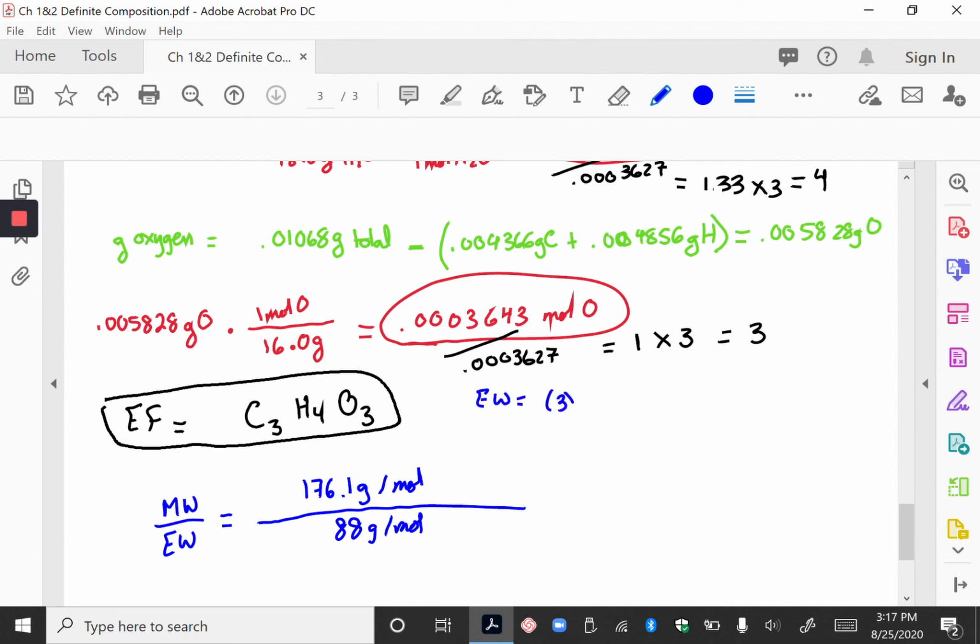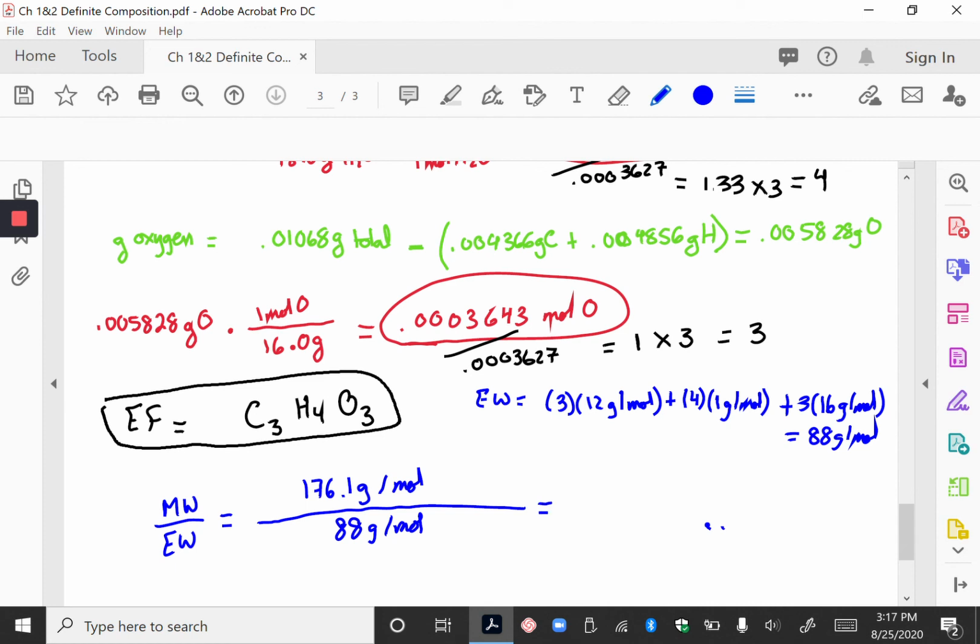And again, I'm going to write it on the side here, empirical weight. It's going to be 3 times 12 grams per mole, plus 4 times 1 gram per mole, plus 3 times 16 grams per mole. Just so you have it in your notes where we got that number from.